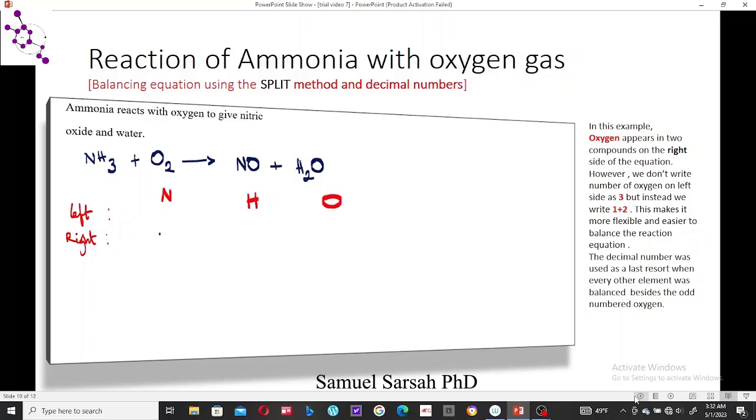Okay. Now on the left side we have just 1 nitrogen. For the hydrogens we have 3 on the left side. Oxygens we have 2 on the left side.